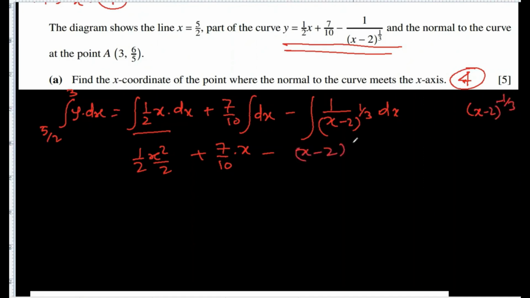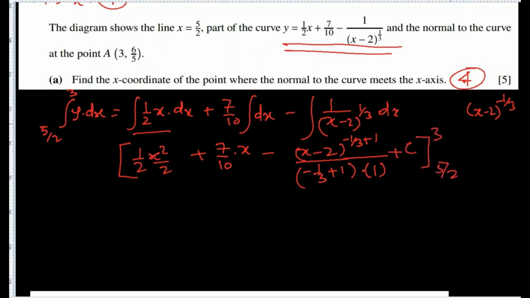So x minus 2 to the power minus 1/3 plus 1 divided by minus 1/3 plus 1, and further we divide by the differentiation of the contents of the bracket, which is again 1. So it doesn't make any difference, but we'll divide again. Alright, so this is the integration. We'll write plus c here, and it is from 5 over 2 till 3, and we'll substitute these values now.